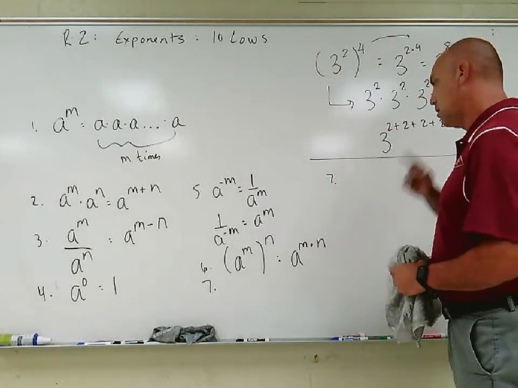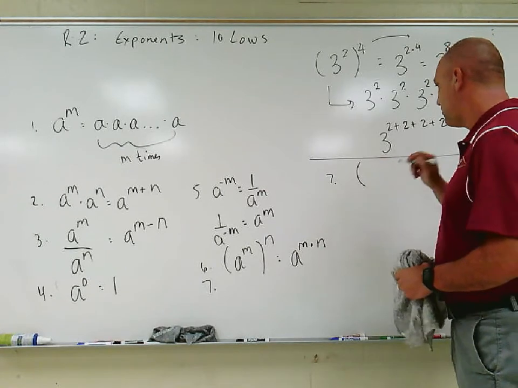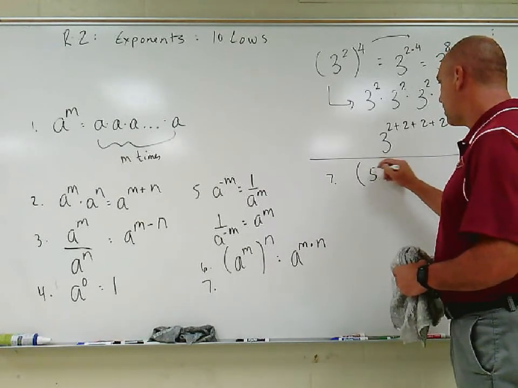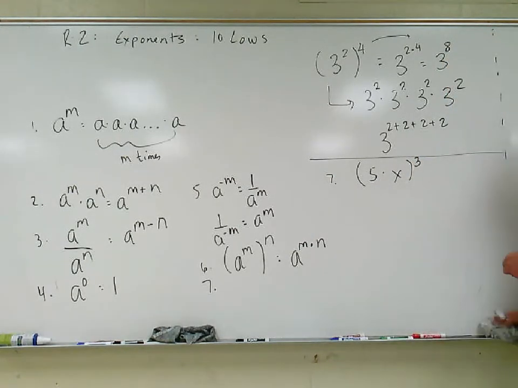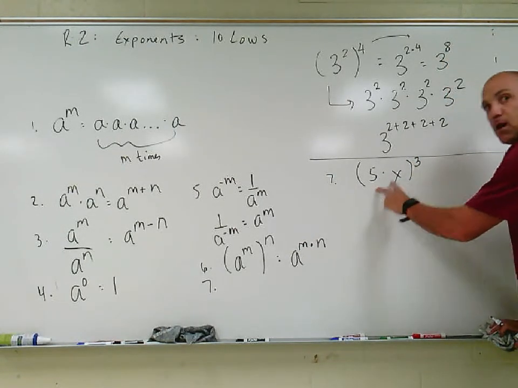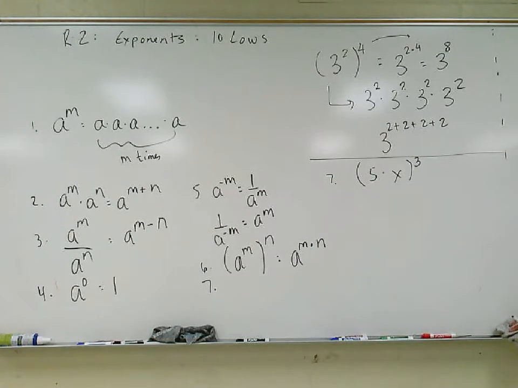Rule 7. All right. If I have 5x cubed, now I have two things multiplied, but they're raised to the same power. We know what it means, but what does 5x cubed mean?